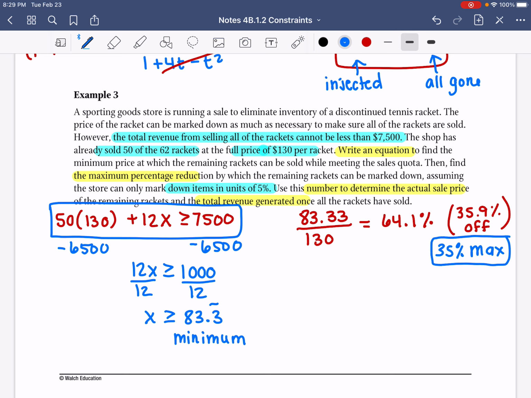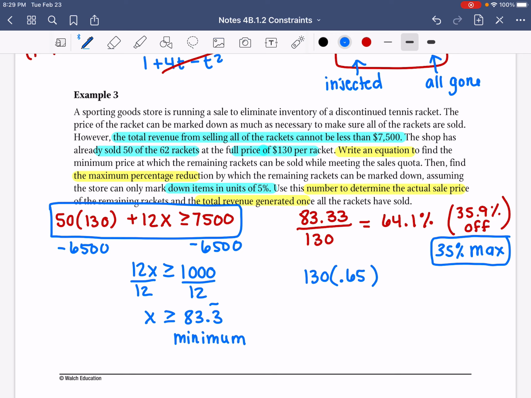So what price would that be? The actual sale price. If it's 35% off, that means you're paying 65% of the cost. So it's not times 65, it's times 0.65.